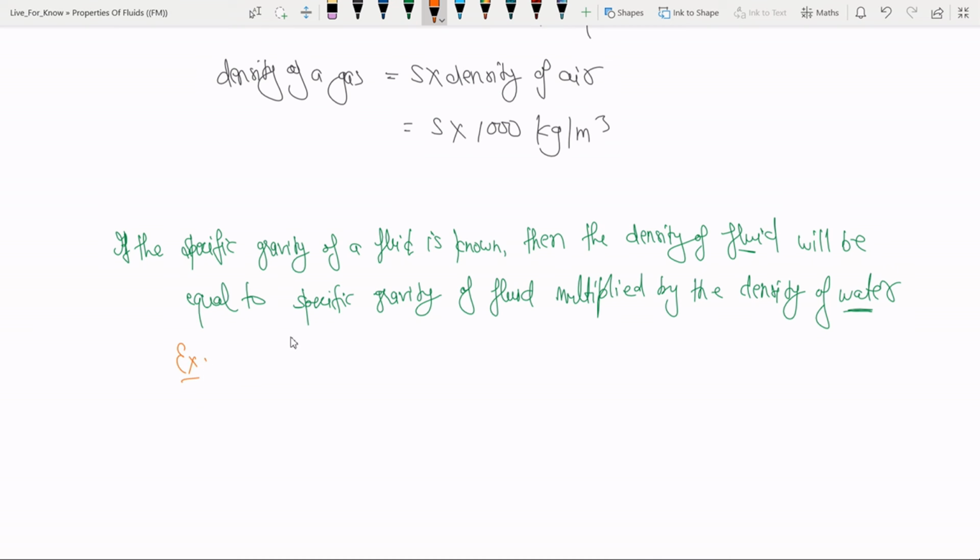The specific gravity of mercury is 13.6.